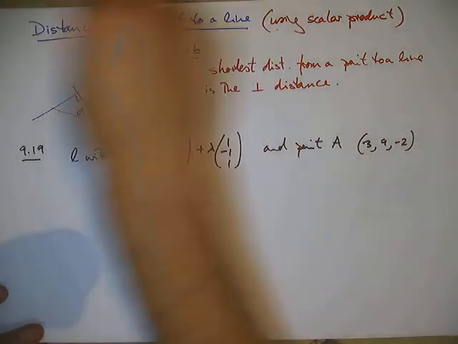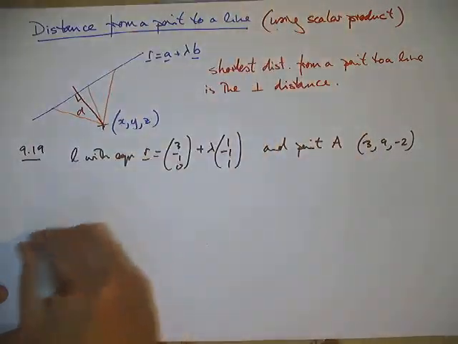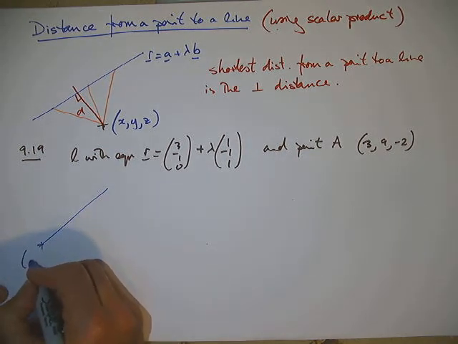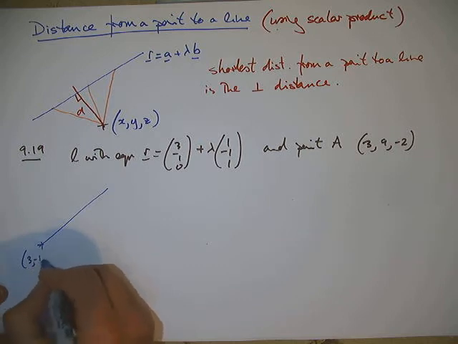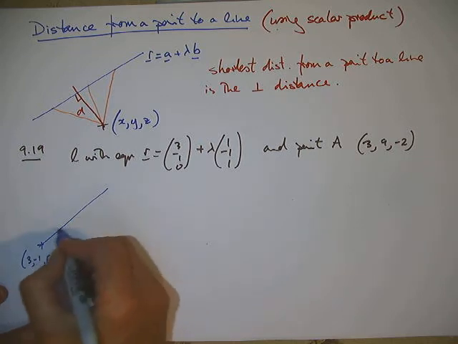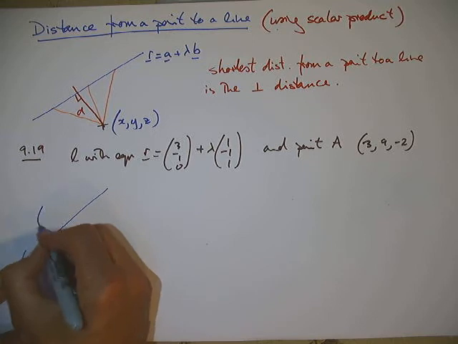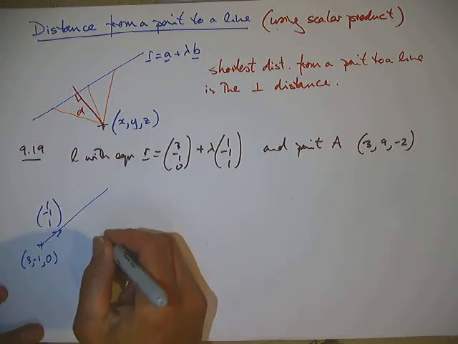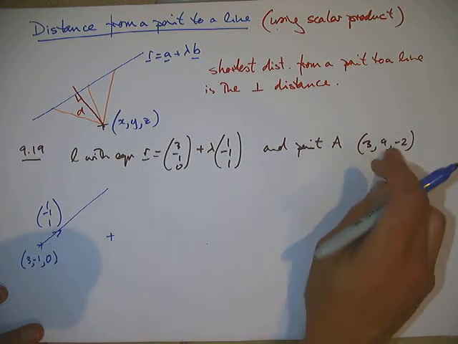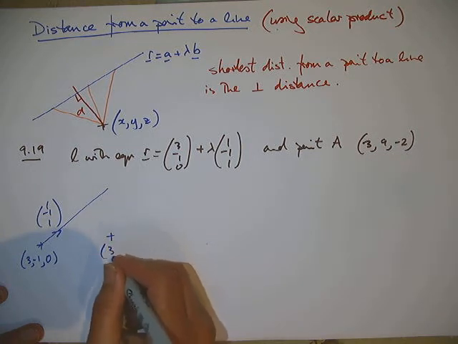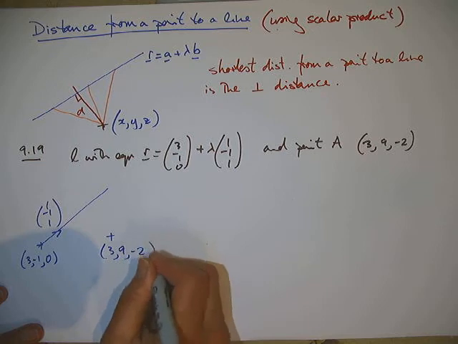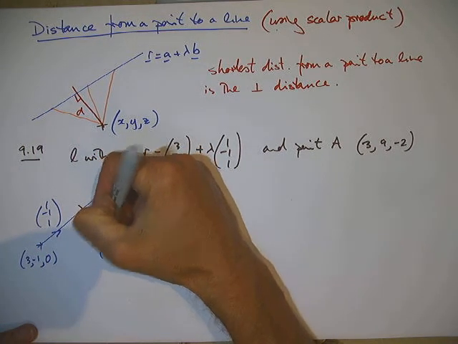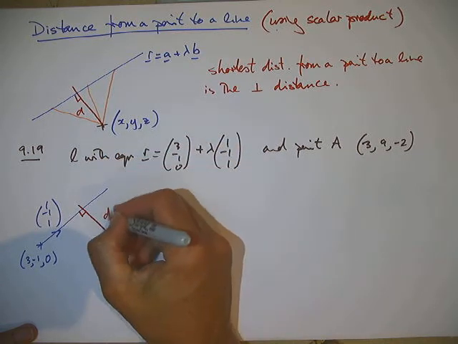So we've got this line. (3, -1, 0) is a point on the line and it's parallel to (1, -1, 1). We've got a point A whose coordinates are (3, 9, -2). We want this distance here.